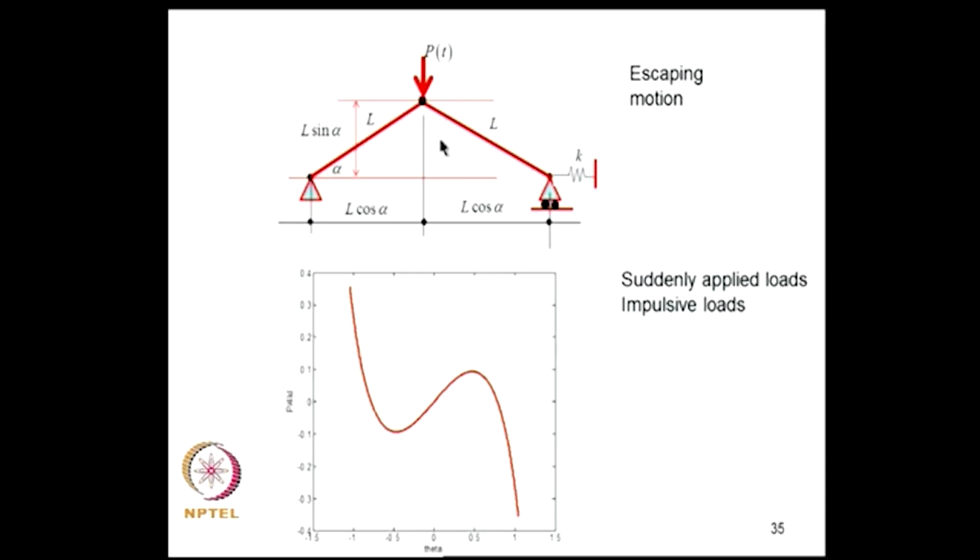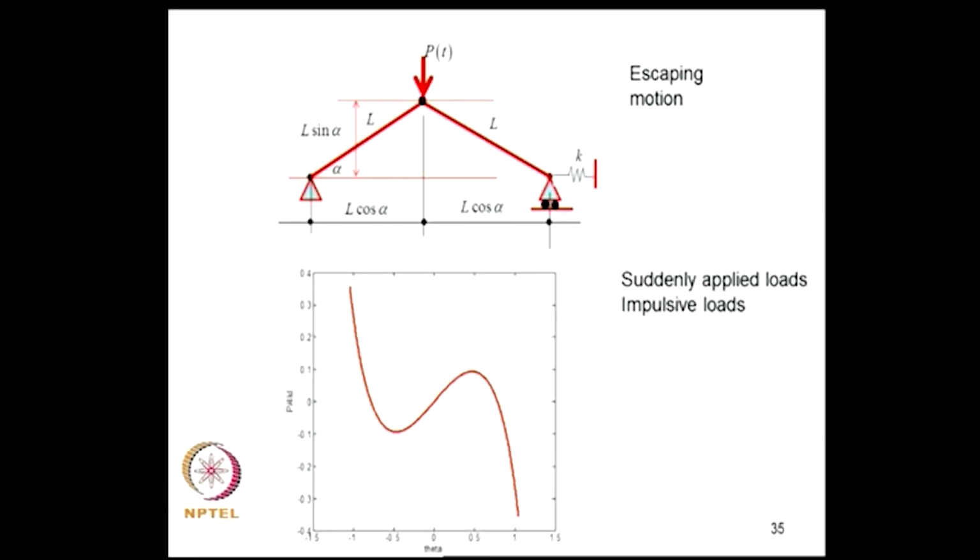So, even for values of P less than P critical, the structure can lose stability and escape, snap, and start oscillating somewhere else. When that happens, the load that you are applying may be less than the static critical load value, because the load has been applied suddenly.